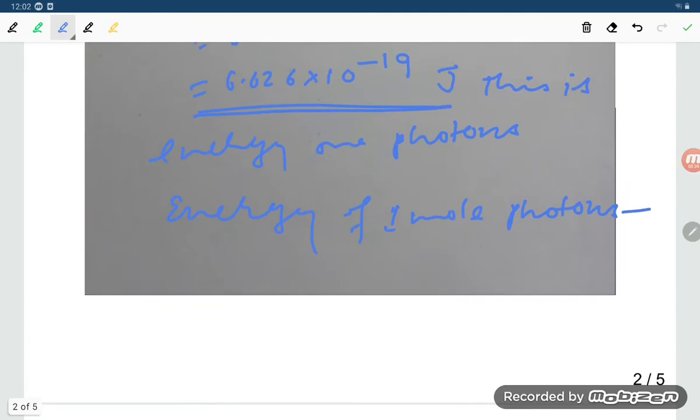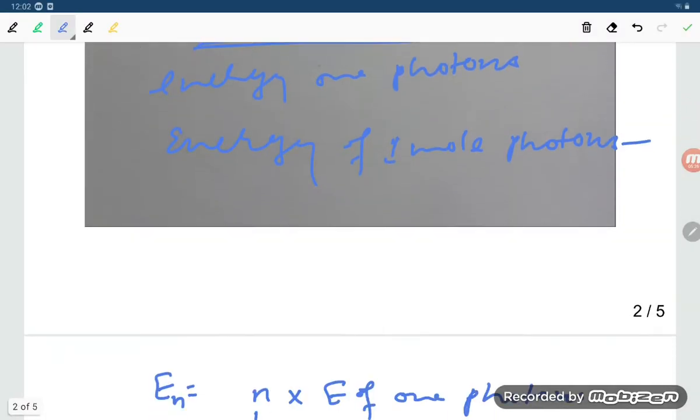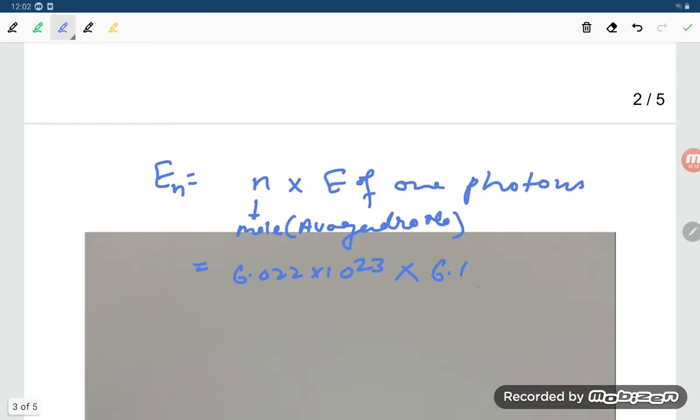Just now we calculated 6.626 into 10 power minus 19 joule per photon. For 1 mole, if you multiply these two, it comes to 3.59 into 10 power 5 joule. This is the total energy, students.